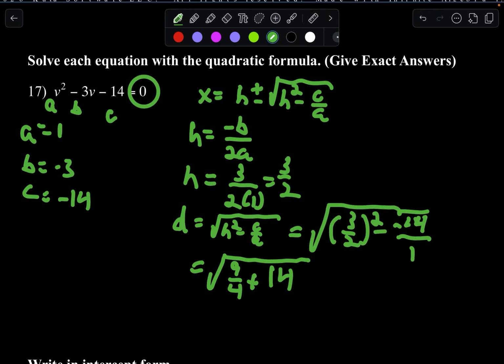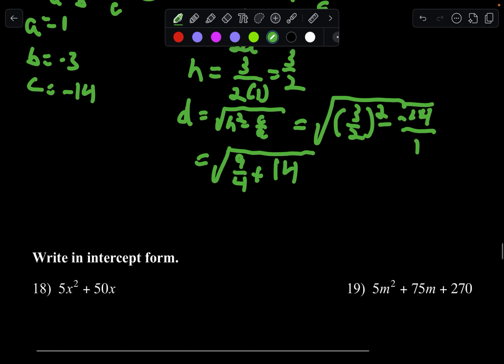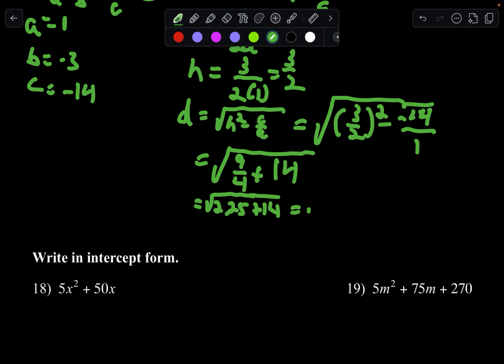All right? So 9/4 is 2 1/4, right? Because 4 goes into 9 two times with a remainder of 1. So 9/4 is 2.25, plus 14. So it equals the square root of 16.25.